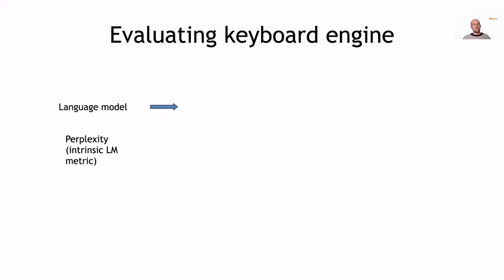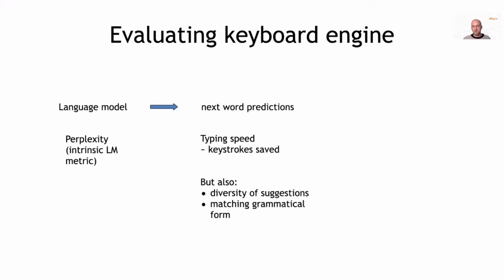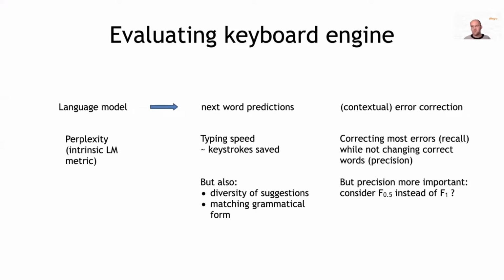Okay, so that was running the language model on device. And let us now talk briefly about evaluating your keyboard engine. I'm saying keyboard engine because it's not only the language model which you want to evaluate, but also how you use it to generate next word predictions, and how you use it for contextual error correction.